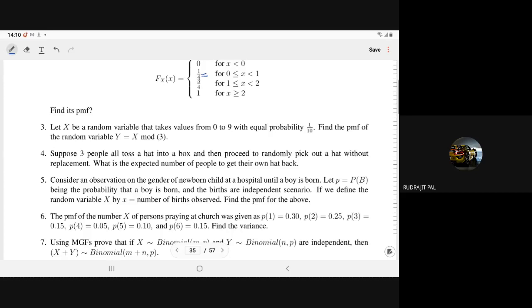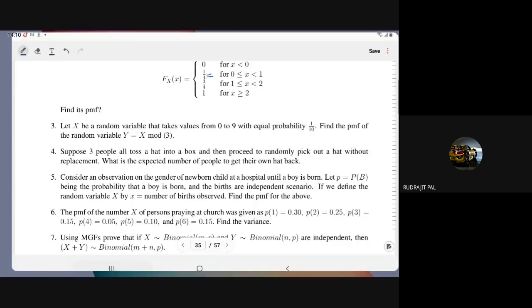You cannot reselect. So it is not an independent event, right? Selection here is not an independent event. What is the expected number of people to get their own hat back? So here we have the idea of expectation.